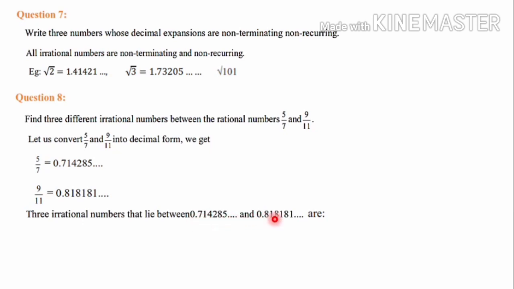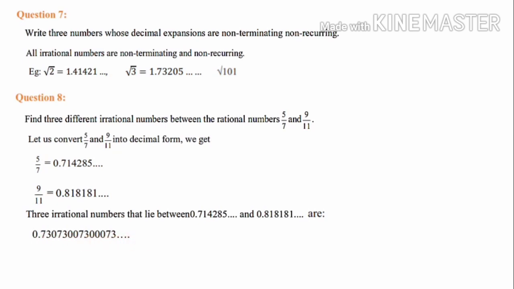Then we have to write irrational numbers which are in between 0.714285 and 0.818181, etc. So the first one is 0.73073007300073, etc. How do we write this one?